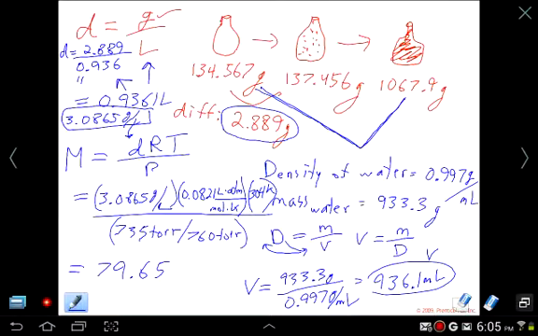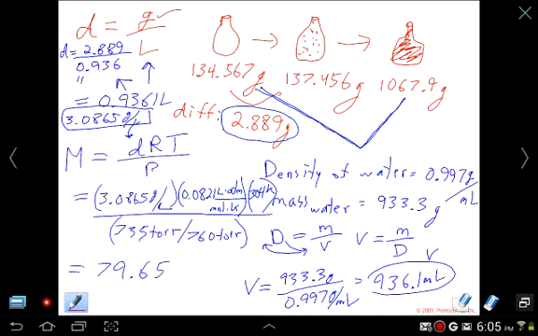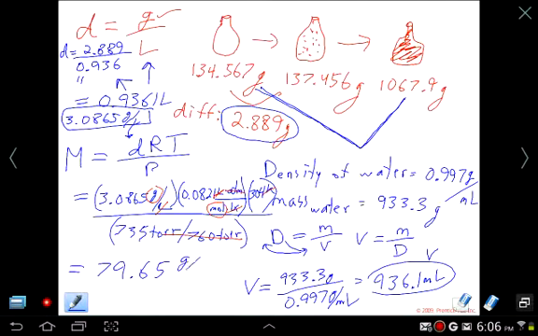If you analyze the units, what you'll see is that the liters cancel out, the Kelvin cancels out, the atmospheres cancel out, and you're left with grams per mole, and that's exactly what the units of molar mass should be. So we got 79.65 grams per mole.